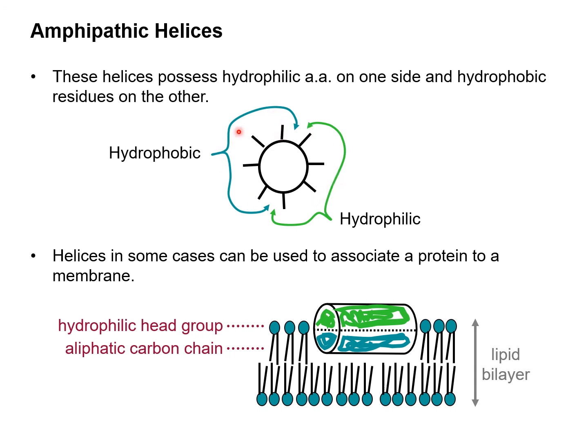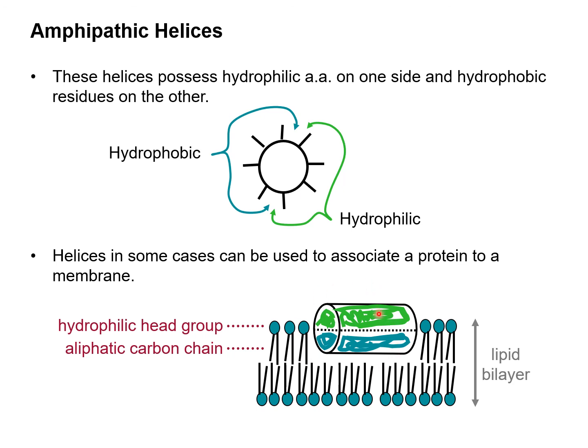These alpha helices can snuggle into the lipid bilayer in a lateral way like that, with the hydrophobic regions facing the lipid bilayer region, interacting with the aliphatic carbon chains in this region. The other side, the hydrophilic side, is exposed to the aqueous solution within the cell. So it can be stabilized in this location as well as in this structure.